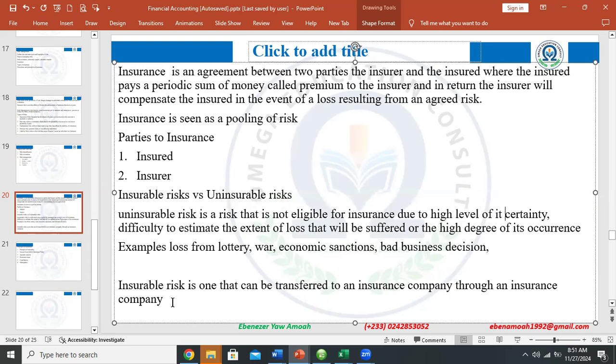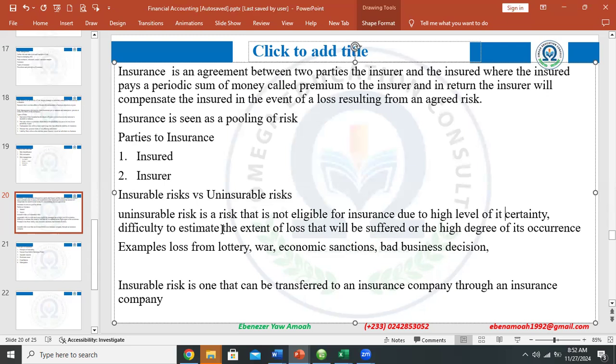So an insurable risk should be one where the level of uncertainty should be there. It should be accidental, it should not be deliberate. So under the uninsurable risk, you can say any risk that is deliberate, as in you do it intentionally. And then it should be measurable, as in it should be easy to estimate the extent of loss.